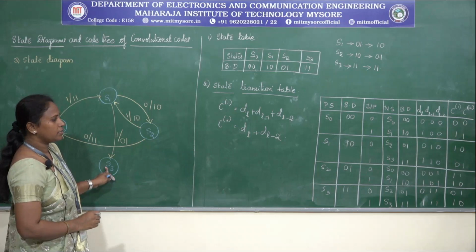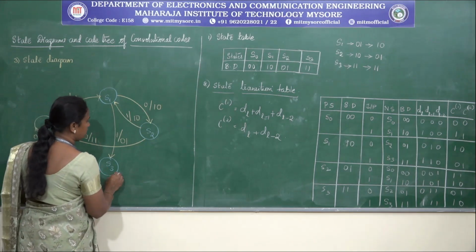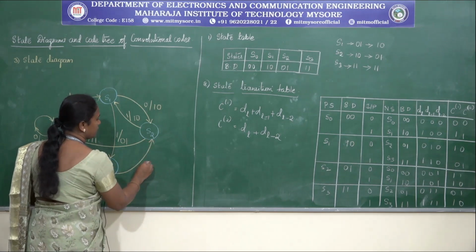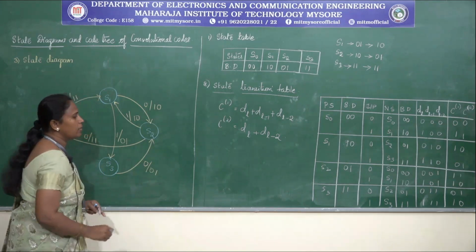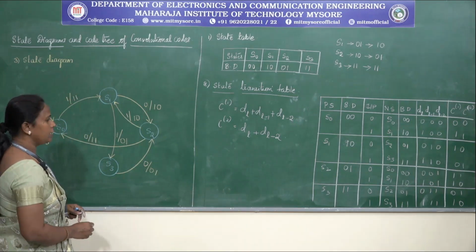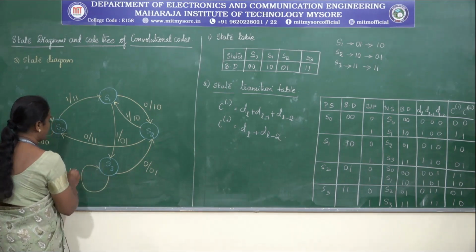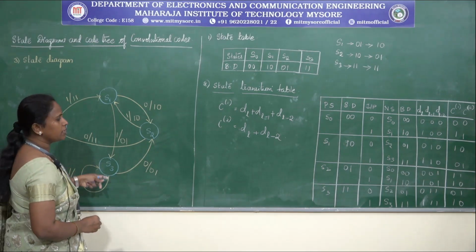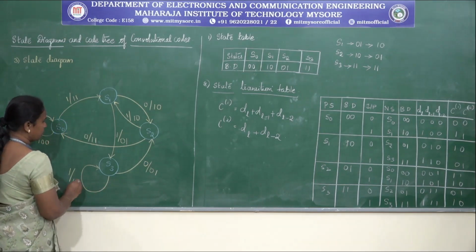Similarly, for state S3, with input 0 it makes a transition to S2 with output 0 1. With input 1, it remains in the S3 state itself, and the output is 1 0.